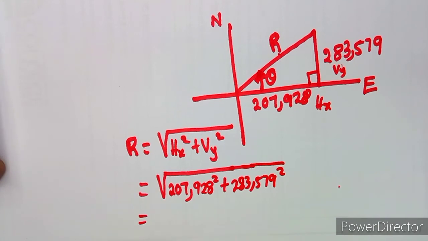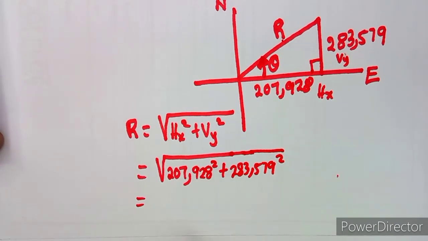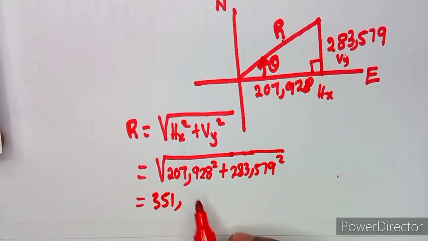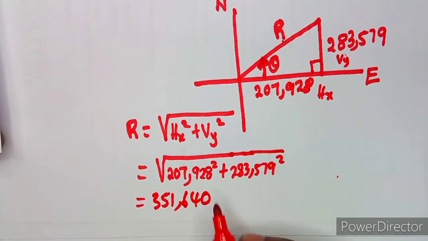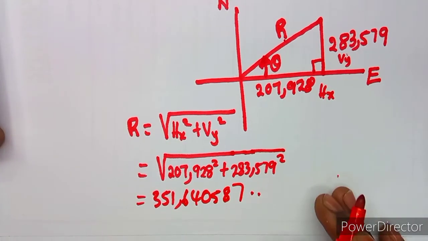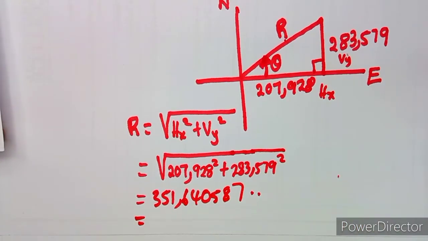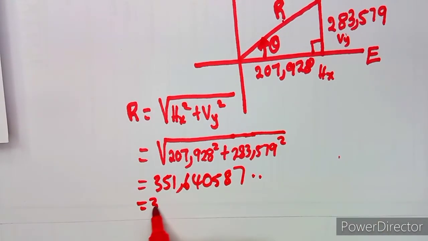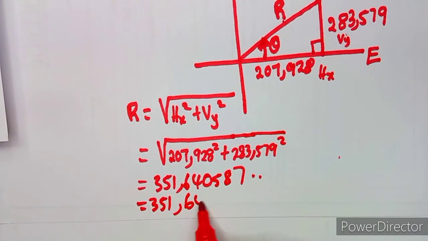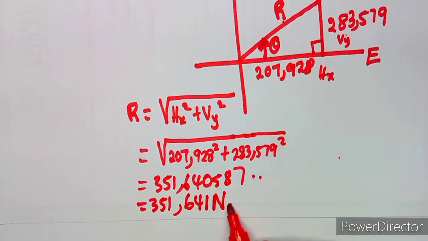This is going to give us something like 351.640587. If you round off to 3 decimal places, it is 351.641 newtons, because everything was in newtons, so it's going to remain in newtons. If it was kilonewtons, then you have to find it in kilonewtons.